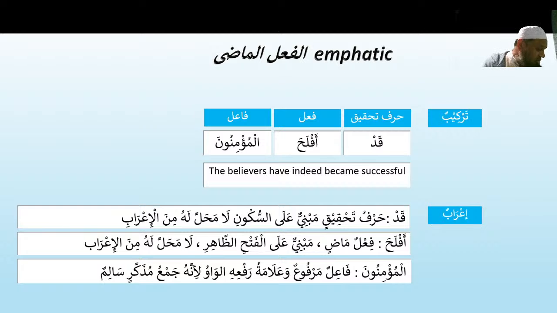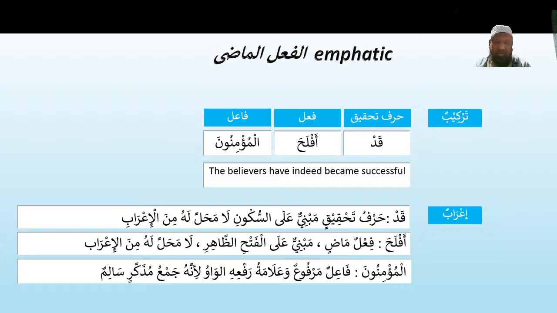Question is, why not فلاح? Why not فلاح? Can we make our own verbs and make a different Arabic language? Can I do that? Yes, أفلح, we have to learn. This is our Arab.